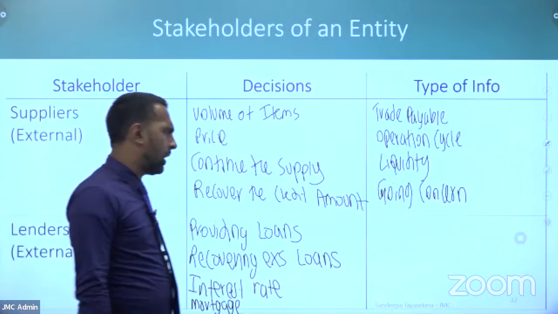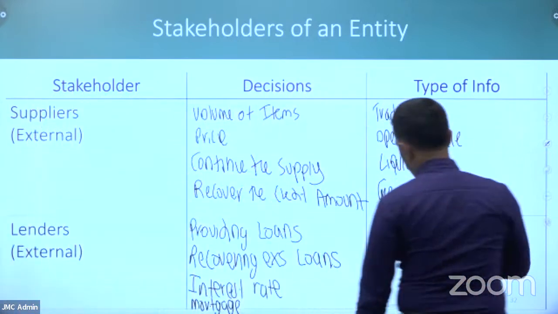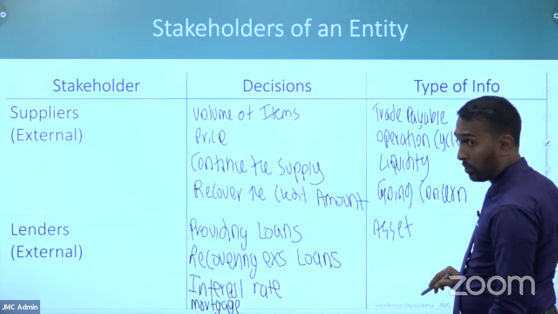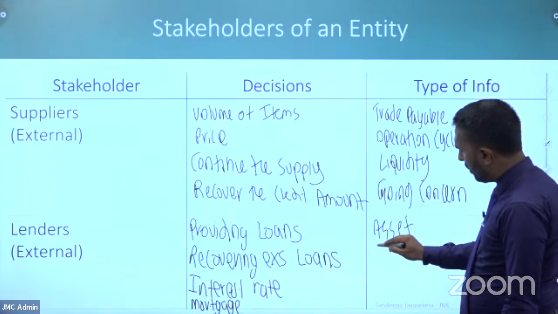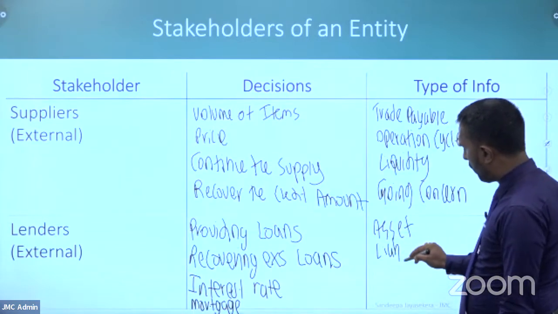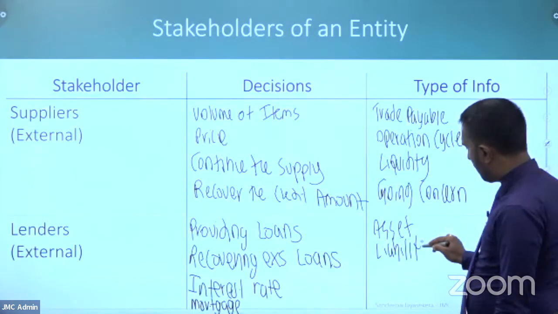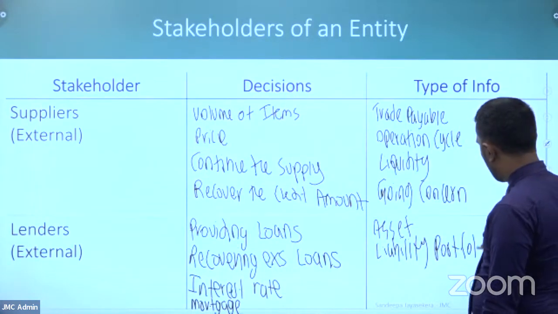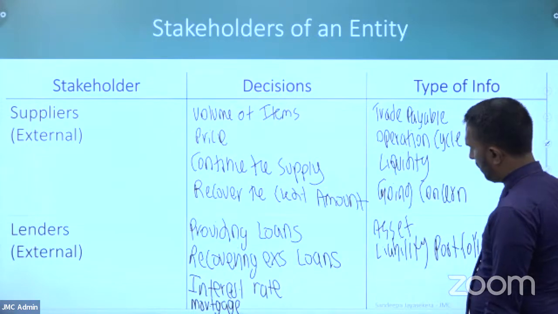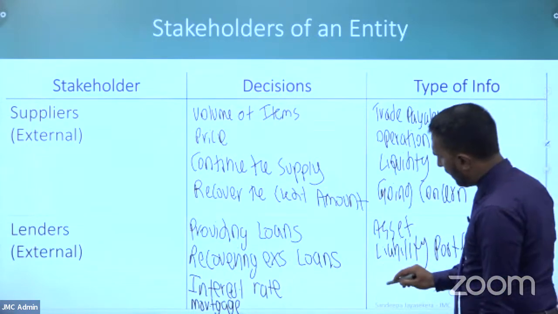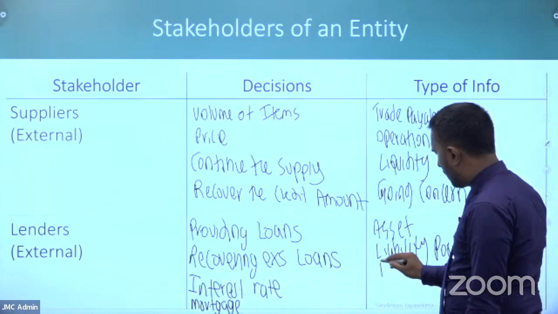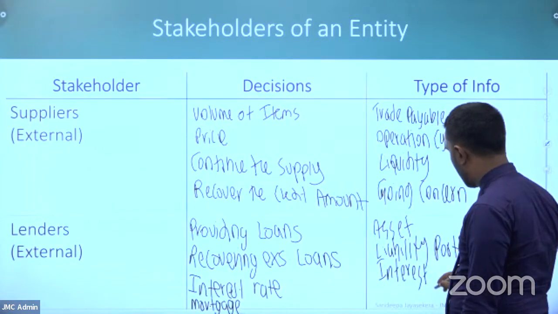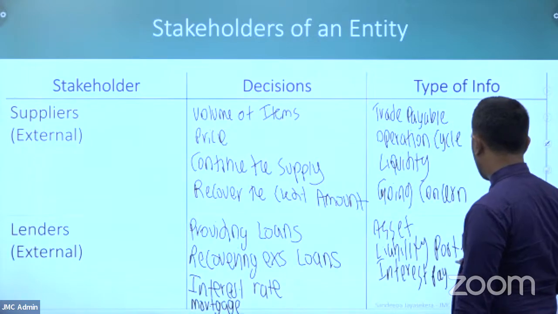And for that they are looking at a different set of information. They are looking at your asset strength, how many assets you have. Your existing liability portfolio, how many liabilities this business currently has. And your interest payments, how you are currently paying interest. We call this interest payment or interest cover.